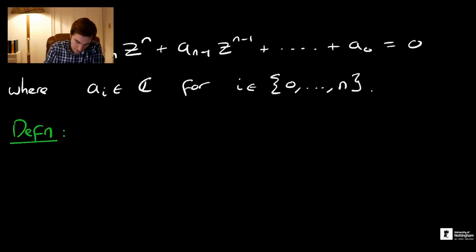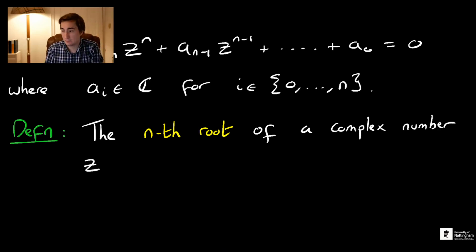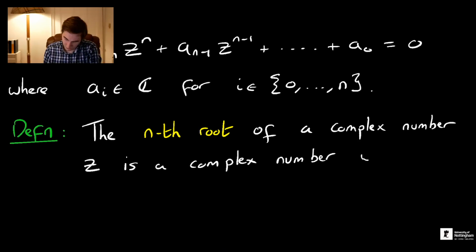We can say the nth root of a complex number z is a complex number w such that the following equation is satisfied.